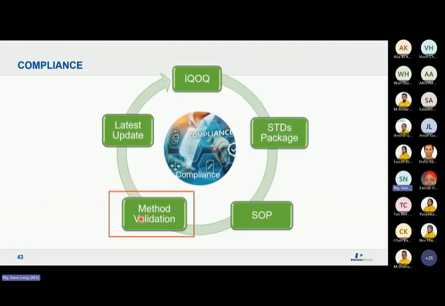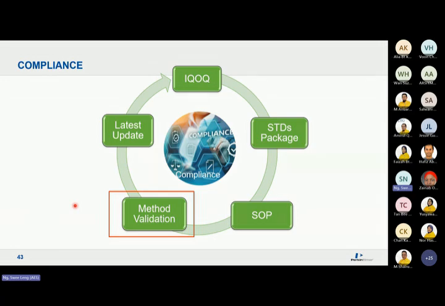Okay, then the last point is your method validation. Method validation is normally required in industry, where it is more for compliance purposes. University normally doesn't, but like Petronas, when they are ISO 17025, they need to comply, they need to do the method validation.